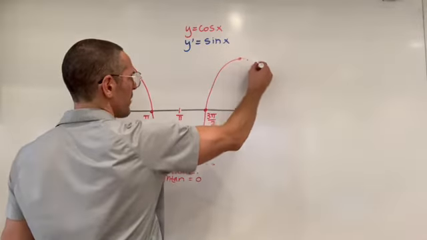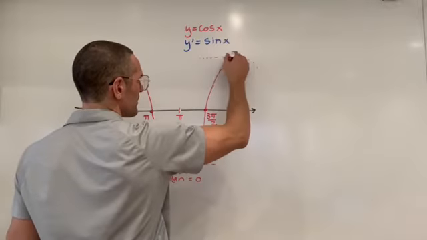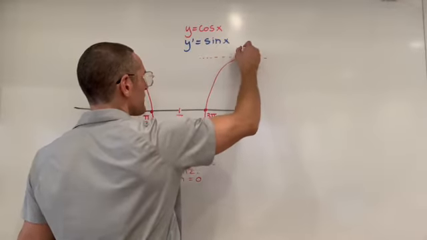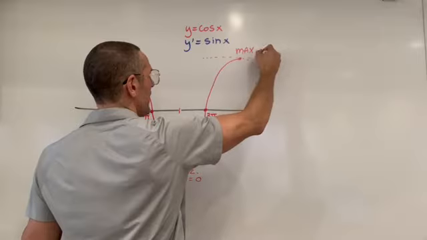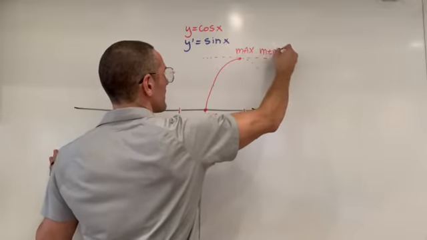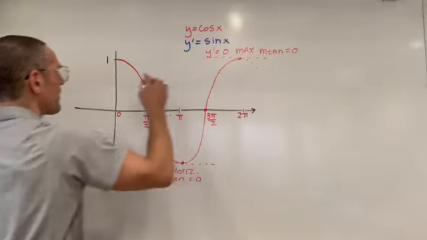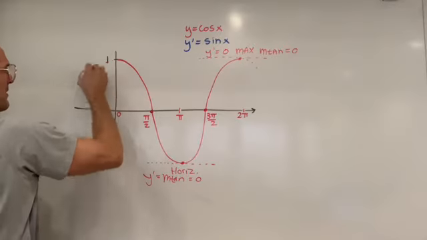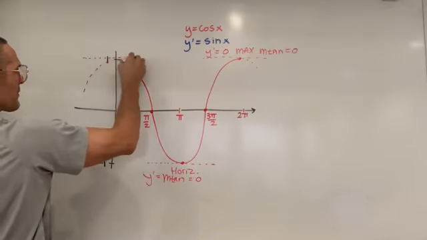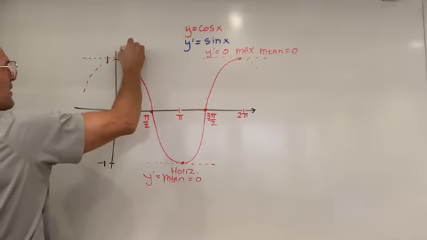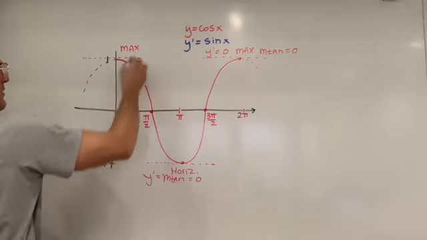Here, this would continue on, right? So it's going to equal 0 here. At the maximum point, we'll have a tangent slope equal to 0, which means y prime equals 0 there. And remember, this continues on forever and ever. So at this maximum point here, we also have a horizontal tangent.